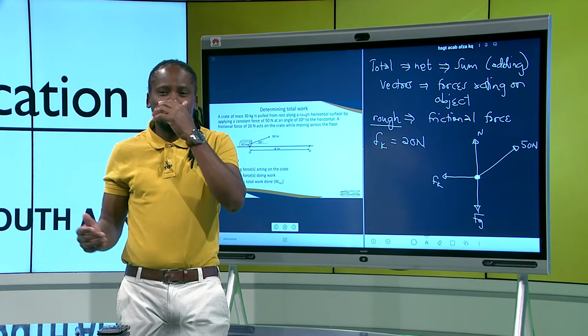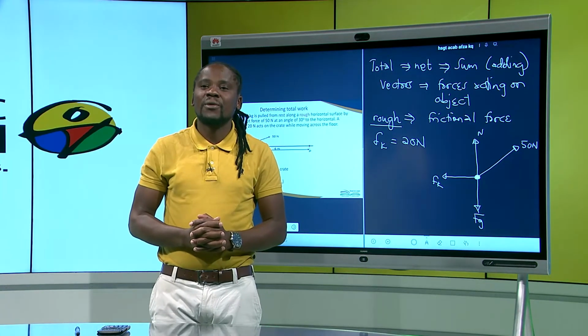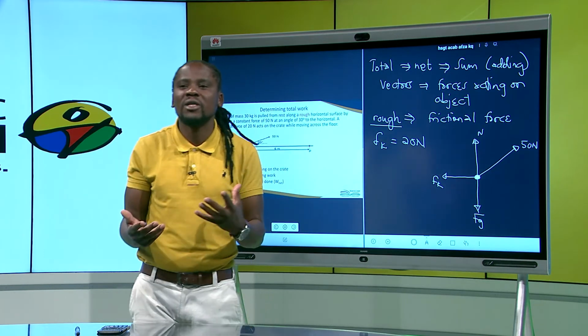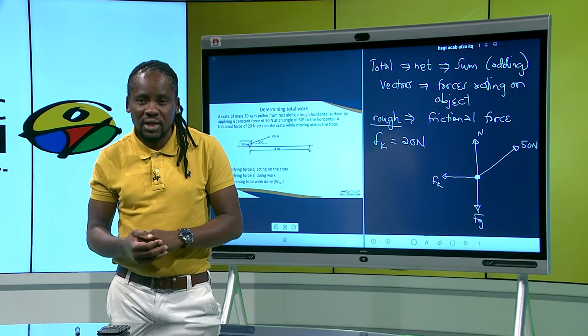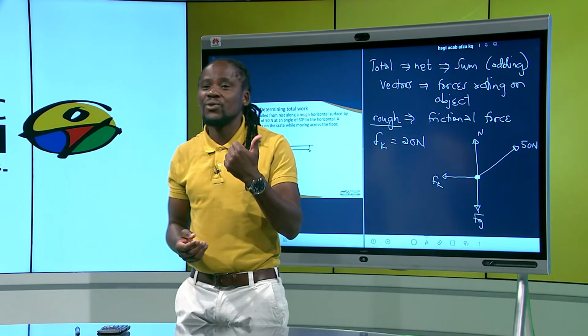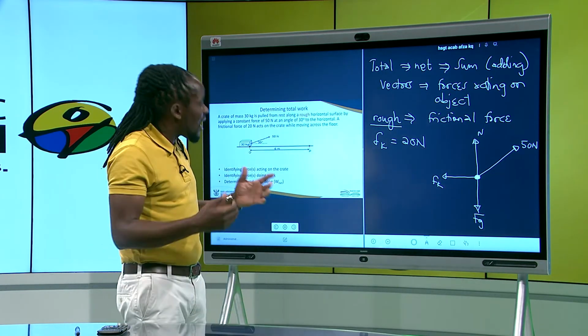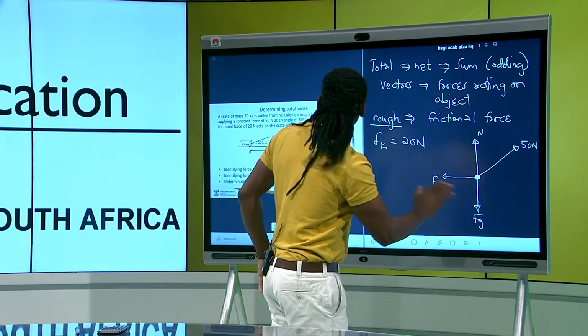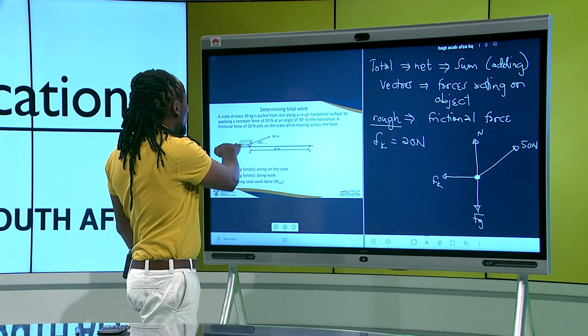Now, the next piece of the puzzle that we need to put together is, let's ask ourselves, which of the forces are actually doing work on the object? We know there is positive work, there is also negative work, and also there are forces that don't do any work. The assumption is that this object moves horizontally.